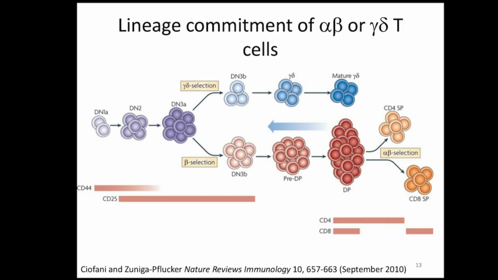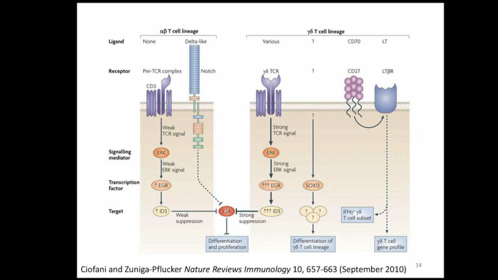We think that the way this works is that the signals downstream of beta and pre-T alpha are a little bit different than the signals that come from gamma delta in the thymus. It may be, for example, how weak or strong that signal is, because whatever signal the T cell gets is going to change that T cell's life.